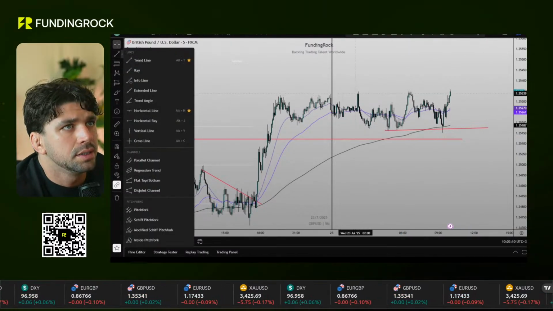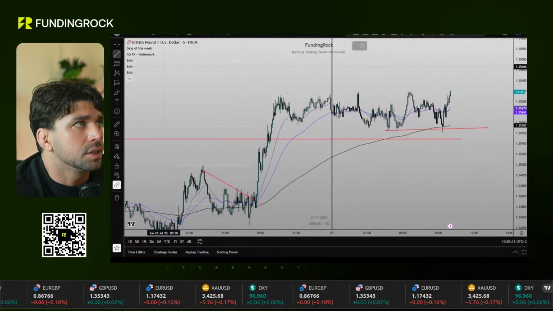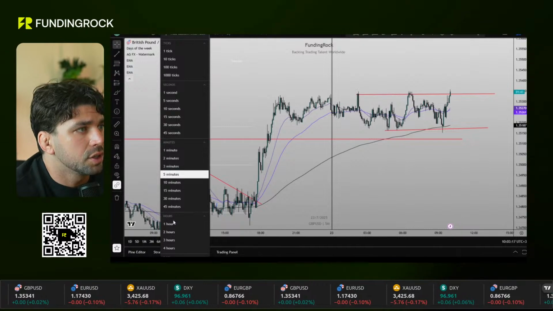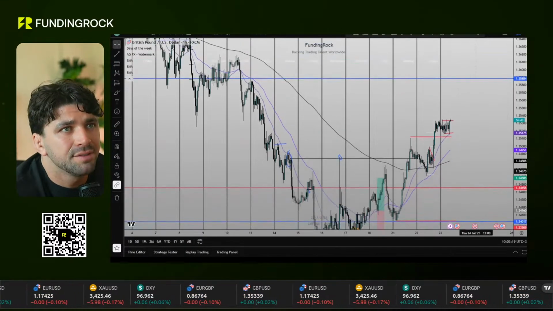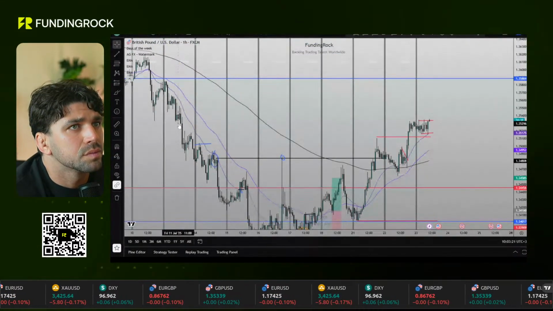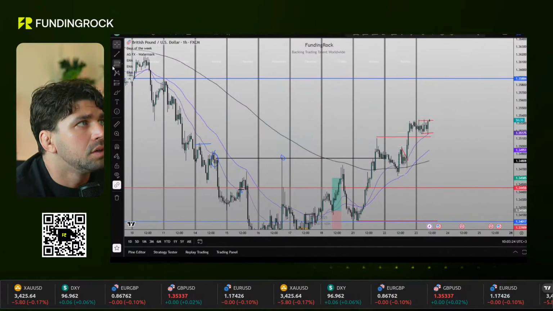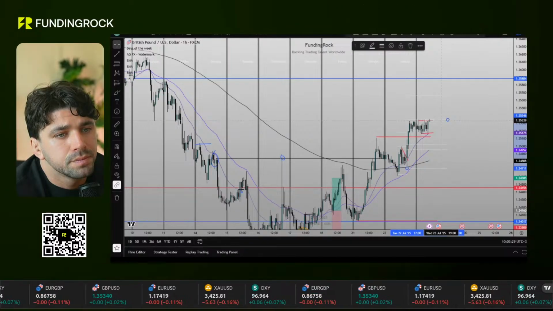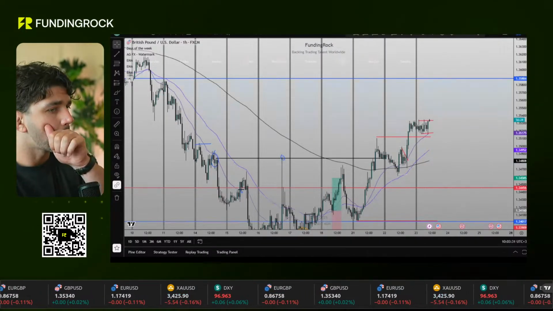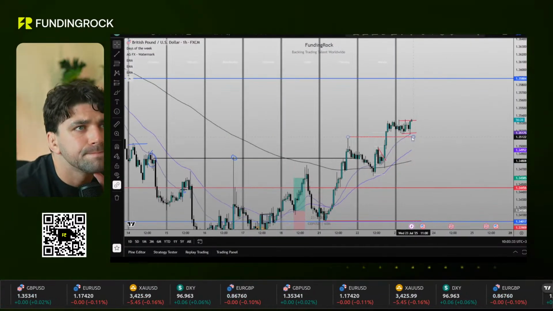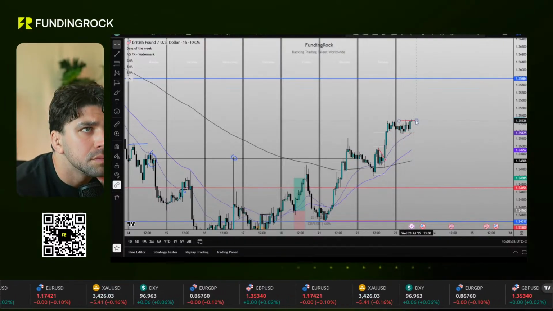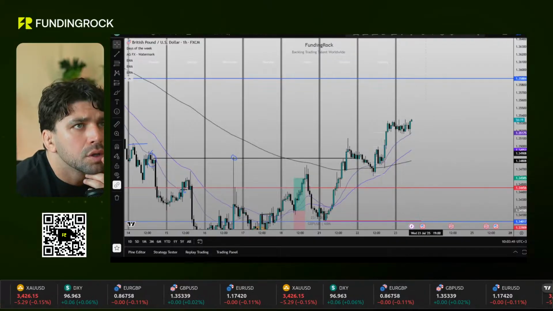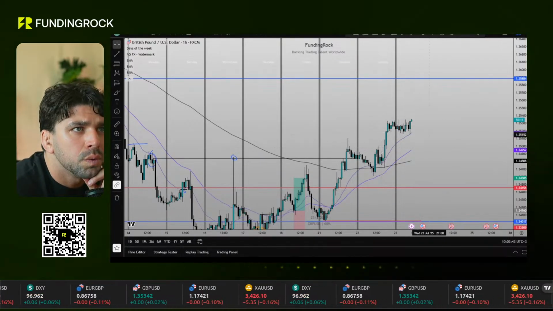Now taking the highs. It looks like a continuation to the upside. Let's have a look at what targets we're going to have. Not too sure where this wants to go.